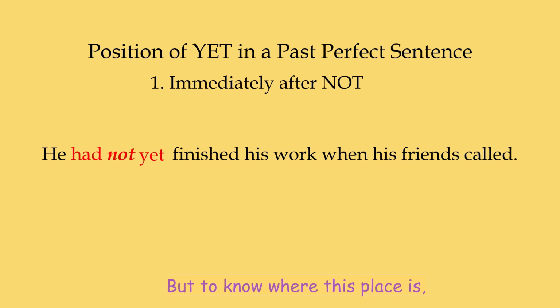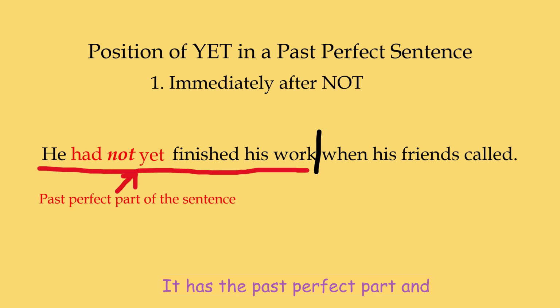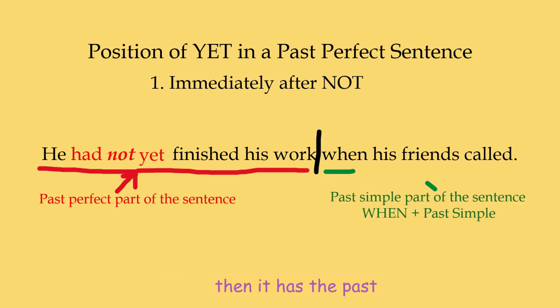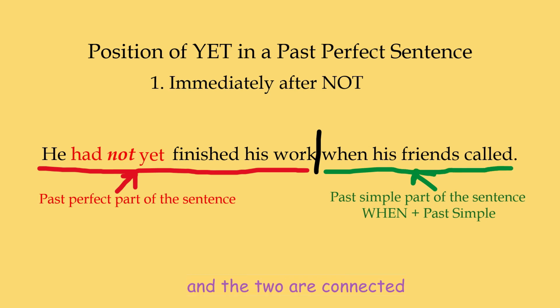But to know where this place is, we need to understand the structure of the sentence. This sentence has two parts. It has the past perfect part, and then it has the past simple part, and the two are connected by the word when.